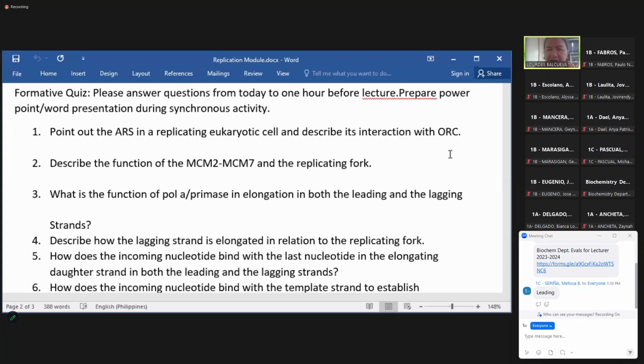Adenine and thymine, yes. So AT-rich, the reason for which is? Why not GC? Kasi po yung adenine and thymine, dalawa lang po yung hydrogen bonds niya, so it's easier to break down po. Okay, good.